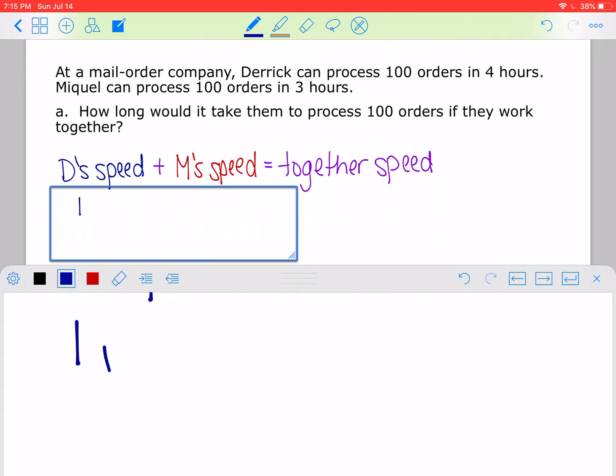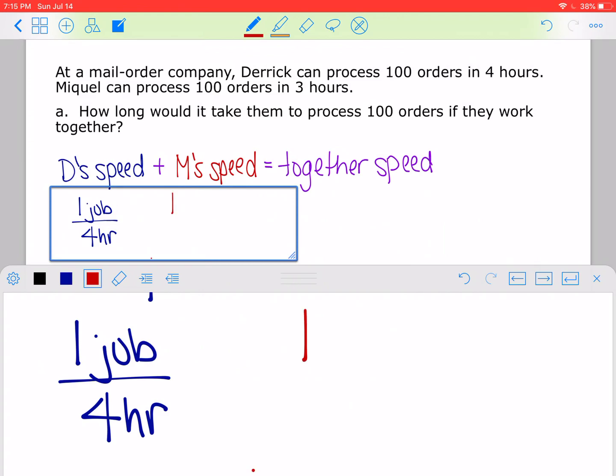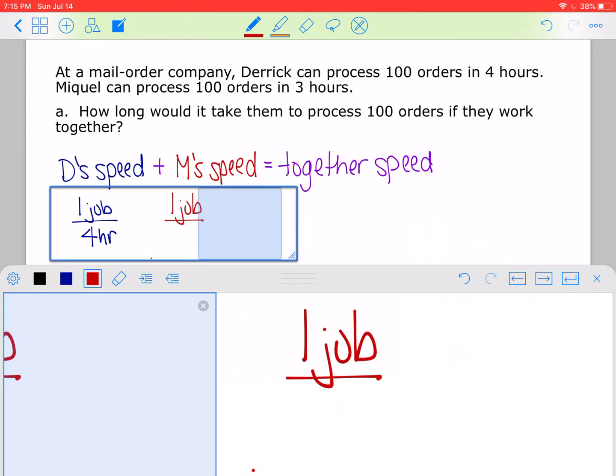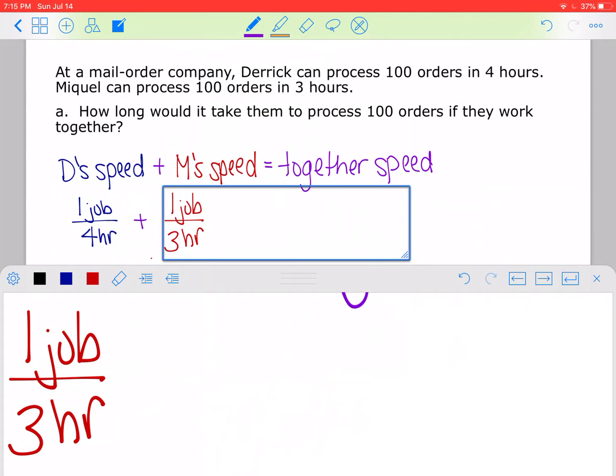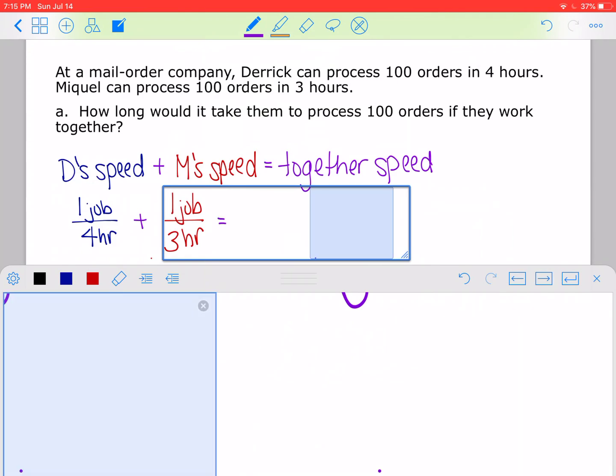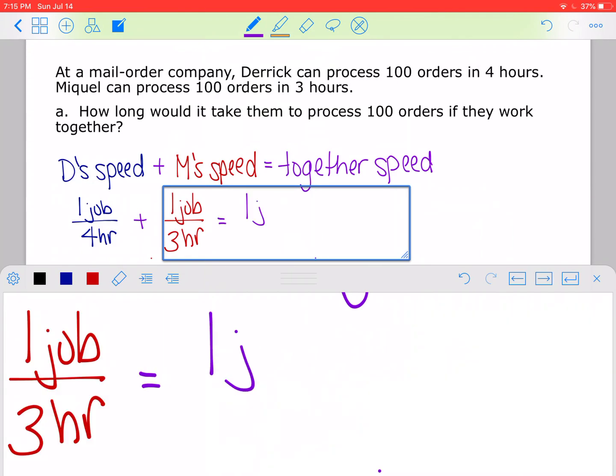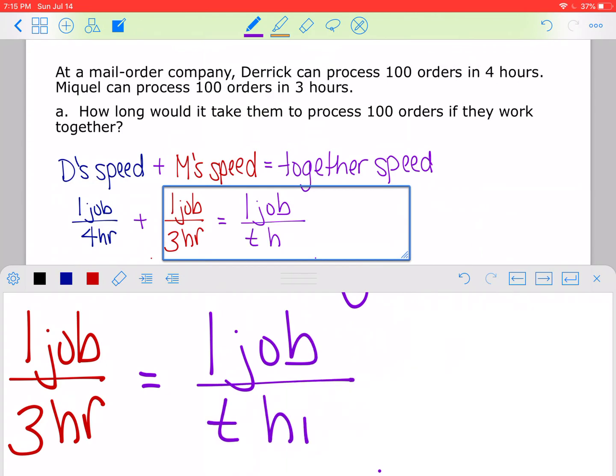So one job in 4 hours. Miguel's speed is one job in 3 hours. And together, they're going to do one job in how many, t, hours?